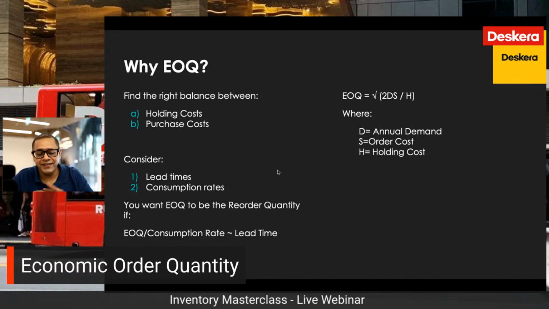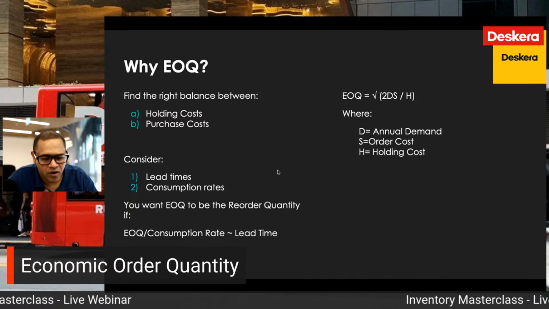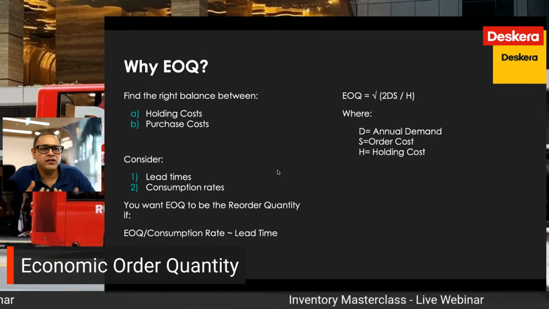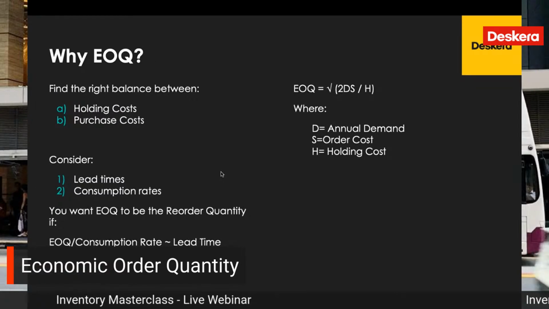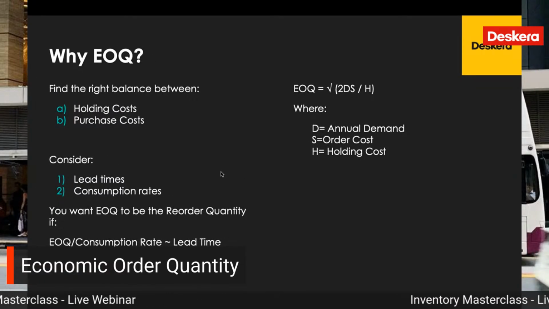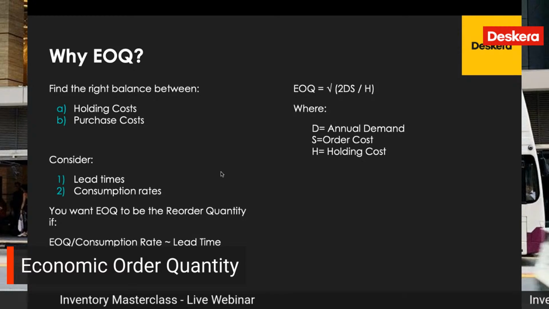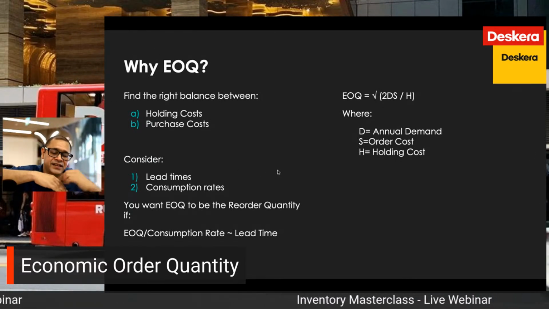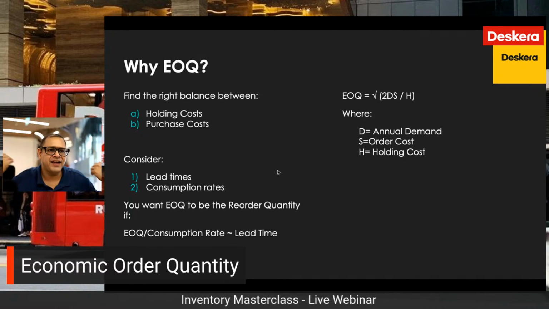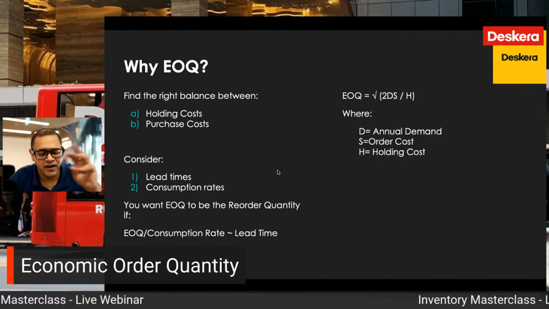Correct. Now, what are these things? D is the annual demand, or the demand that you have for that product. S is your total ordering cost, which we would have calculated based on your shipping cost and freight cost and duty, etc. And then H is the holding cost, which is basically once the inventory comes and sits in your warehouse, all the different costs like warehouse rent and electricity and labor, etc., which is spread over your entire inventory, or the number of items that you have, which is the average inventory holding cost that you have.